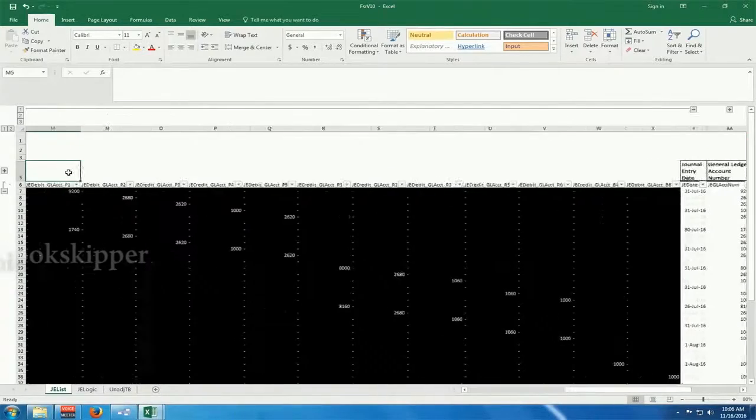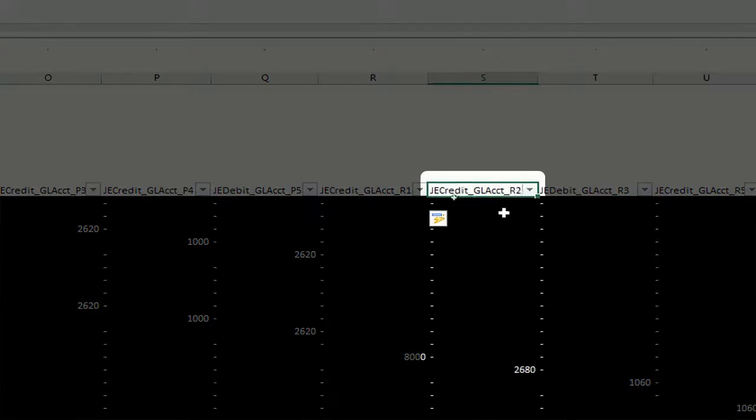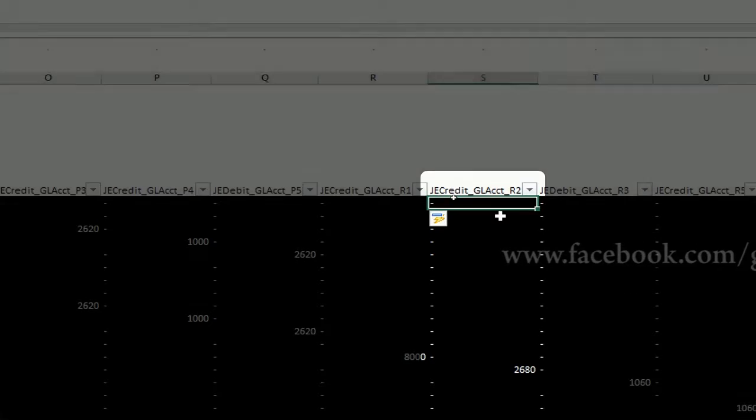So we simply, let's move to the credit transaction. And again, the second transaction is GLAcctNum_GL account_R2.